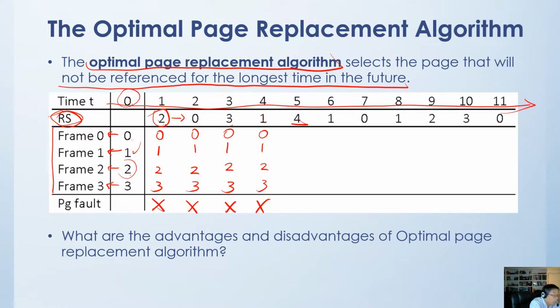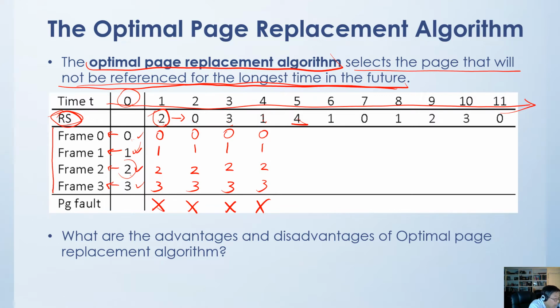Now, which page should we replace? Are we going to replace page 0, page 1, page 2, or page 3? Now, using the optimal page replacement algorithm, we will select the page that will not be referenced for the longest time in the future. Okay.